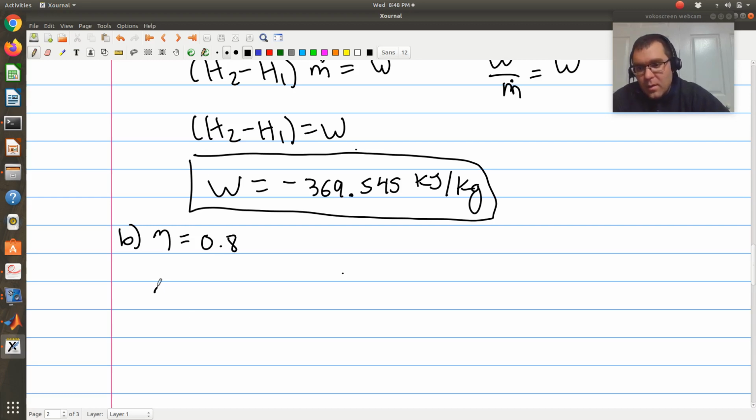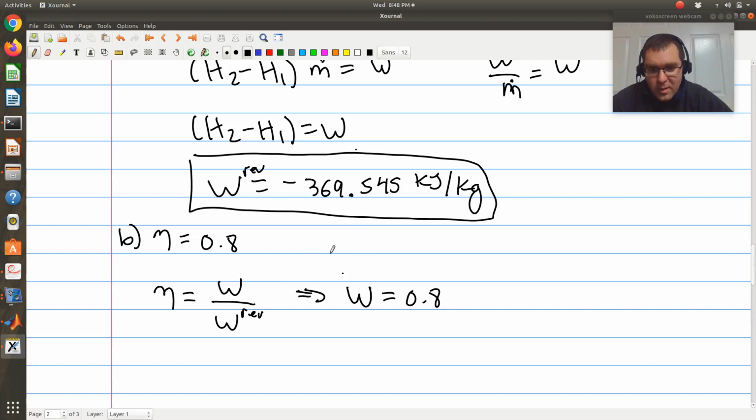Our efficiency is going to be equal to the actual work divided by the work that we would get from reversible operation, which is what we just calculated up here. Let me put a superscript rev up there to make it clear. Therefore, the actual work is 0.8, my efficiency, times my reversible work.